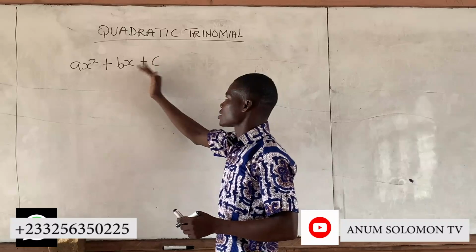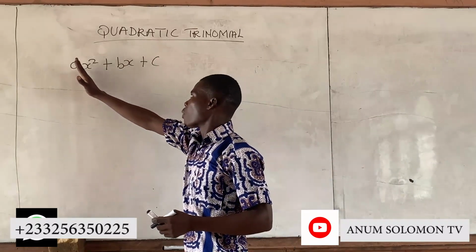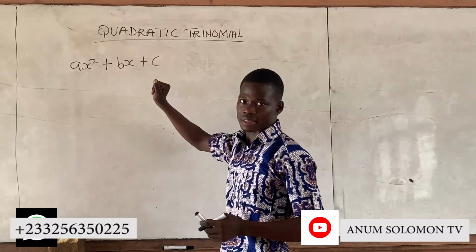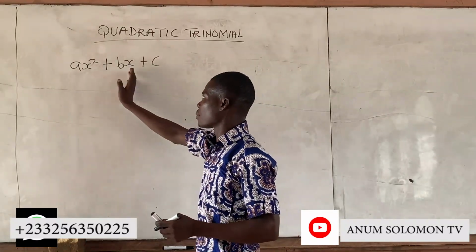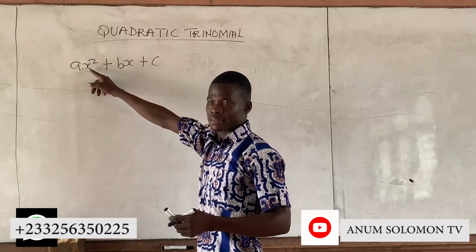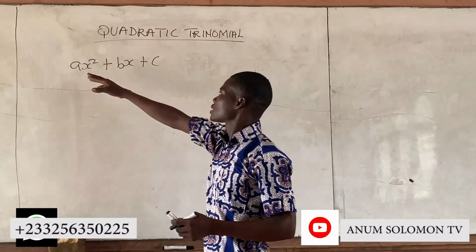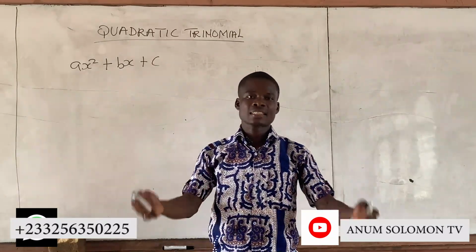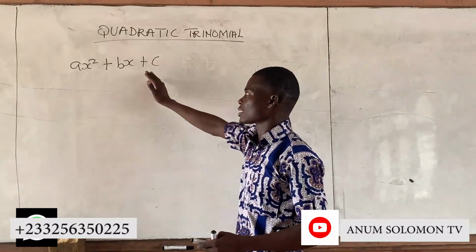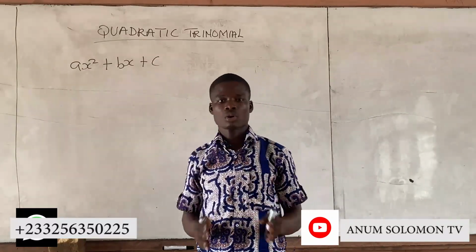When we take this general quadratic trinomial expression, we have 1, 2, 3 terms. That's the trinomial. And the highest power of the unknown variable, which is the x, is power of 2. That's the quadratic. And a, b, and c are all constant integers. a, b, and c are constants.